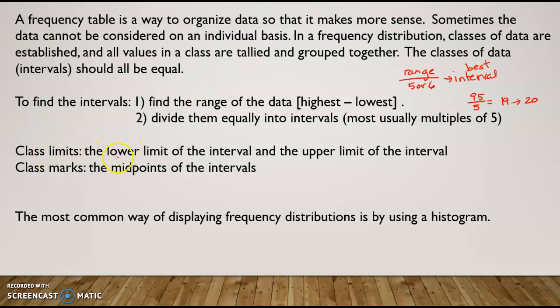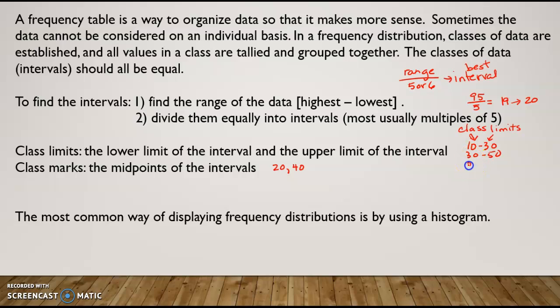Class limits are the lower limit and the upper limit. So when you just heard me say 10 to 30, 30 to 50, those are what's called the class limits. Class marks are the midpoints of the intervals. So right here you would have a midpoint of 20 and then a midpoint of 40.